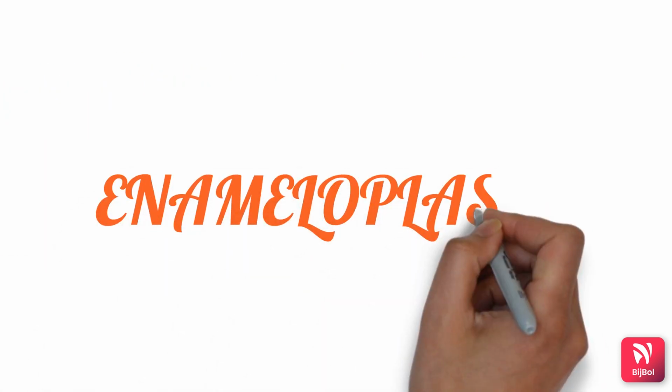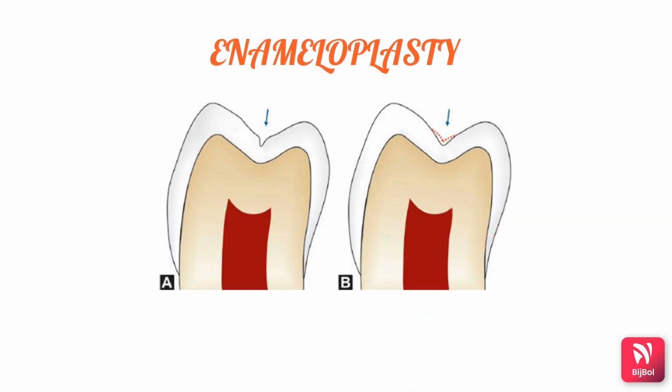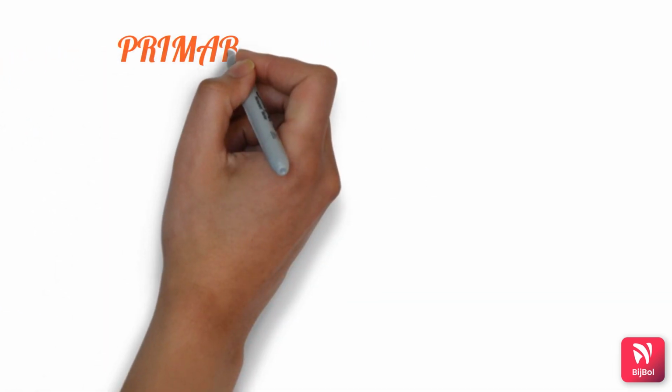Now we'll see what enameloplasty is. If the caries involves the pit or groove, only the most superficial part of the enamel has to be eliminated without deliberately extending the cavity. So this procedure of reshaping the enamel with the rotary instruments is called enameloplasty. Now we'll see primary resistance form.